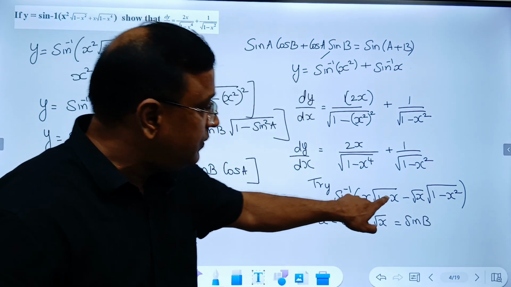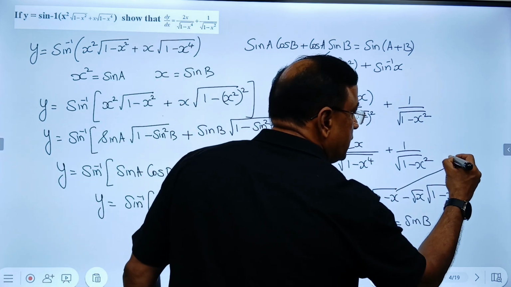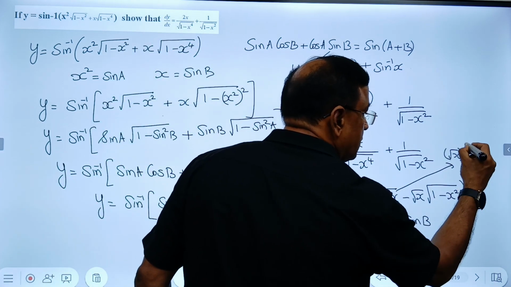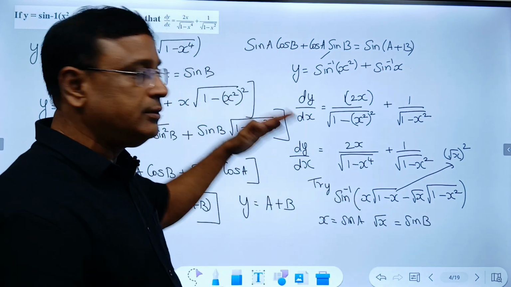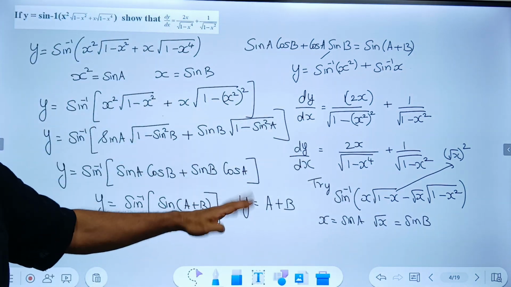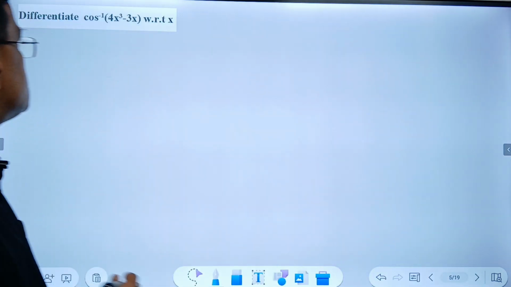So in place of this x, actually you should write it as root x the whole square. Okay. So I think when you substitute there, you'll get the answer. You can try. It's exactly like this problem. Okay. If you want, you can try it. Okay. Let's go to the next question.